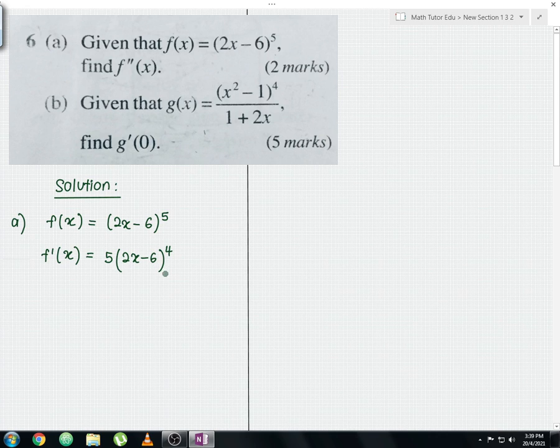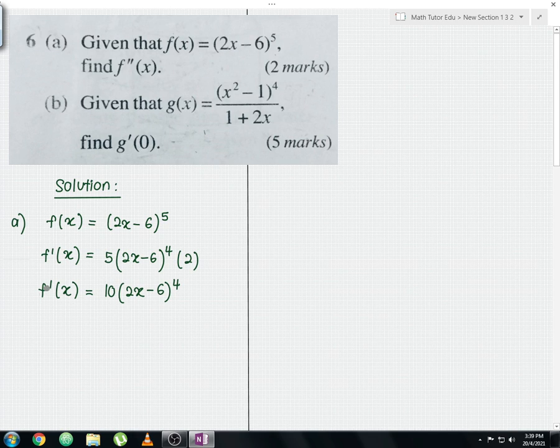Most important thing, you need to times with the differentiation of the inside of this bracket. When you differentiate the inside bracket, you should get 2. So 5 times with 2, from here f prime x is equals to 10 (2x minus 6) to the power of 4. So this is your first step.